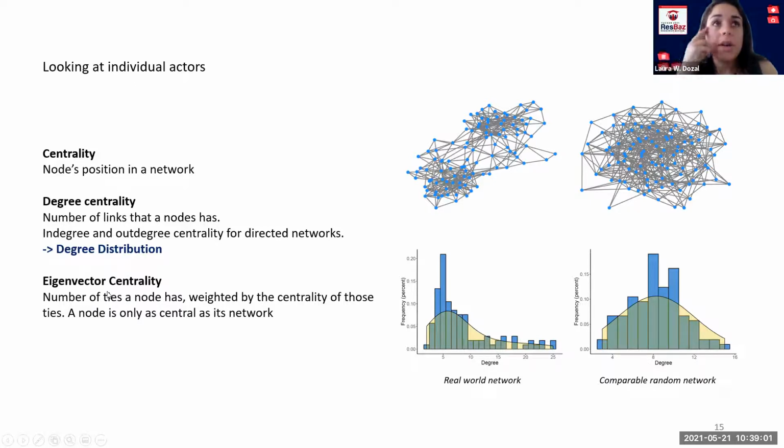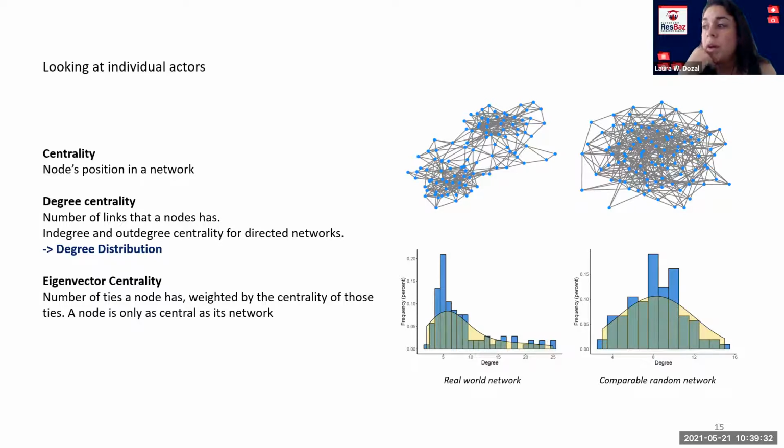Another centrality that is a subset of degree centrality, and maybe not considered one of the main three, is eigenvector centrality. This is the number of ties a node has weighted by the centrality of those ties. Essentially, some ties are more central than others, so if you're connected to those ties, you might also be central.